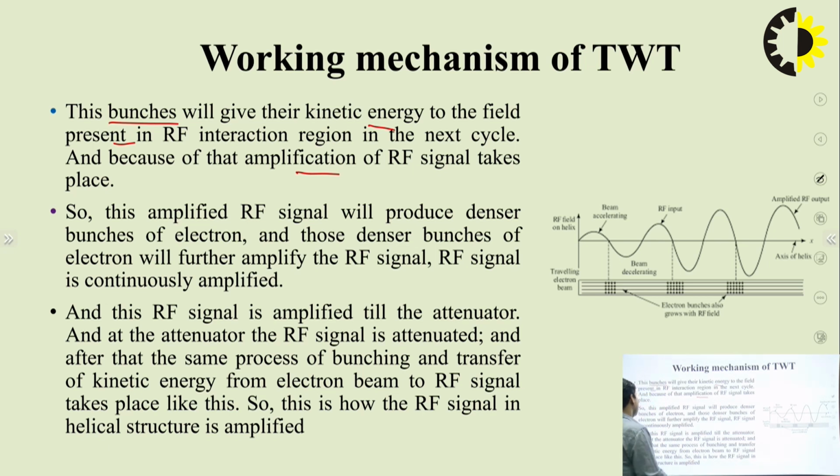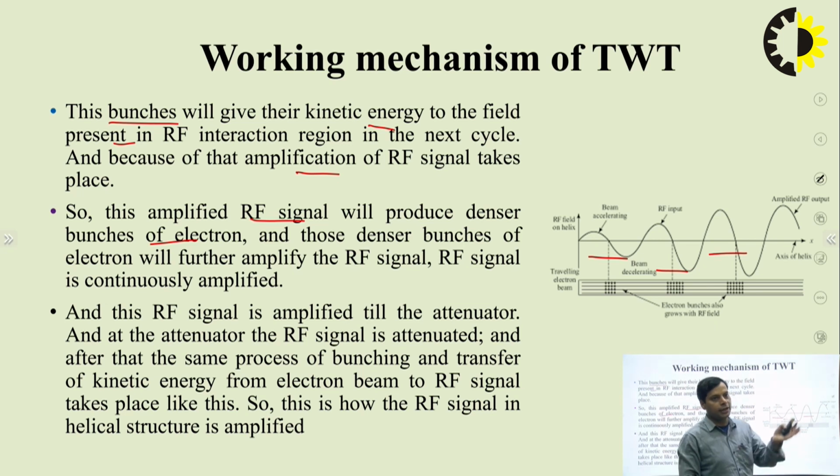This amplified RF signal will produce denser bunches of electrons. The number of electrons is larger for the next cycle. It will again be amplified, as you can see, this is the first one, this is now amplified, again amplified. So as per the cycle, electrons are continuously collecting, and for the first cycle a little bit of amplification takes place.